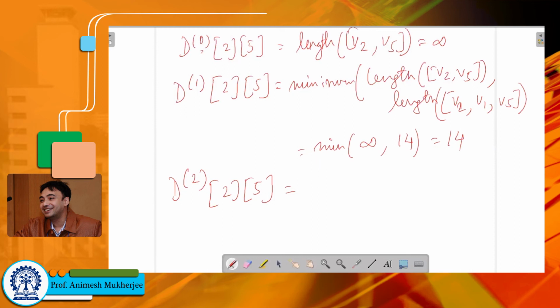So this D0 is indicating the direct connection. So D1 is like you have only one intermediate vertex, that is V1. Here you have 2 intermediate vertices, V1 and V2. This is how you read it.